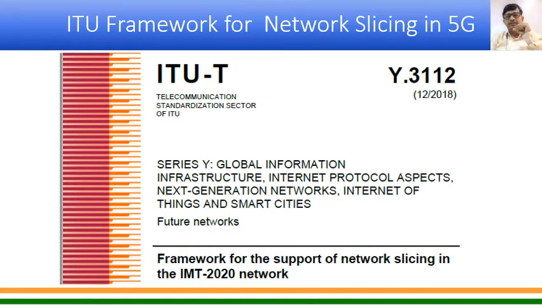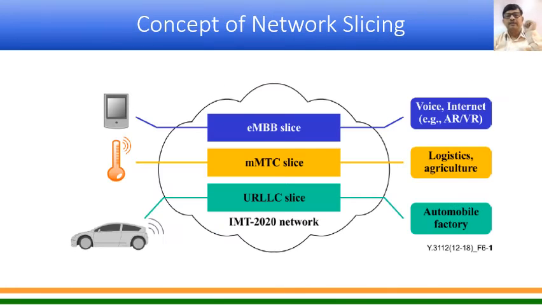ITU-T had issued a document called Y.3112 in December 2018. This is the framework for support of network slices for the IMT 2020 network. IMT 2020 is the name given for 5G by ITU. If you read this document, it gives the concept of network slicing.